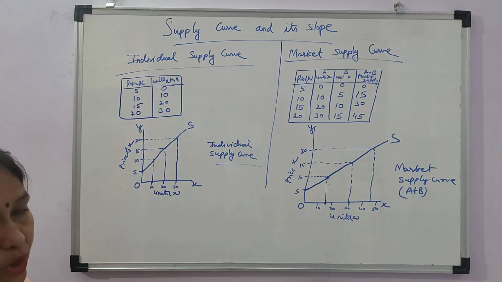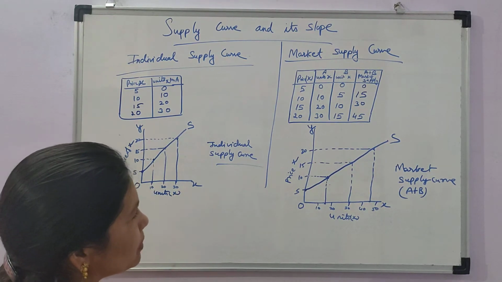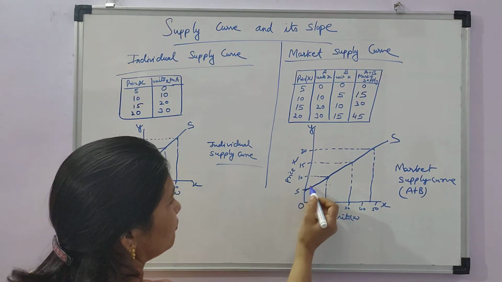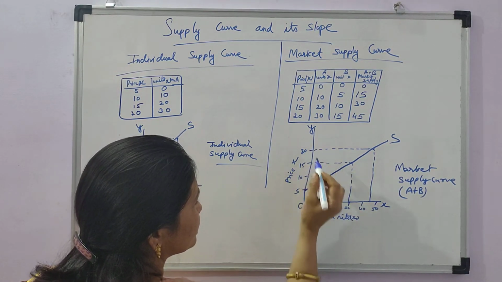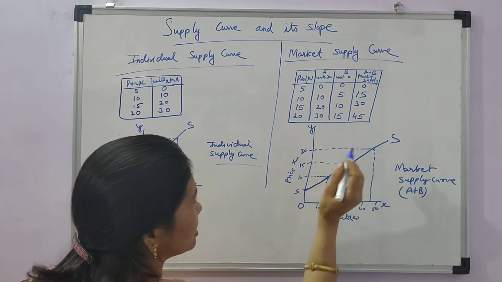Now, supply curve and its slope. You know students, the slope of the supply curve is upward moving. See, as the price increases, the supply also increases, so it is moving upward.